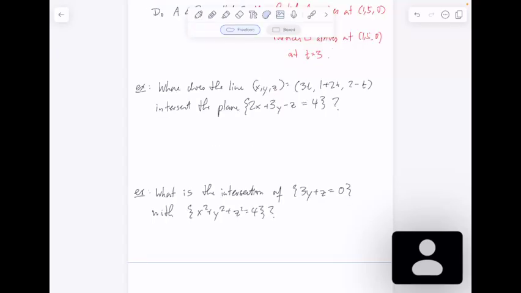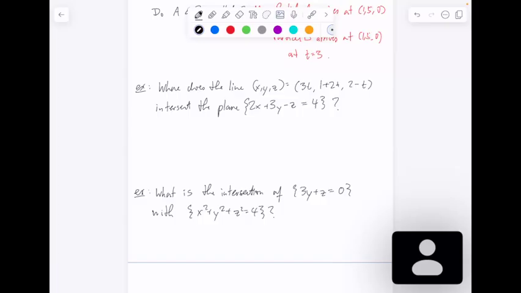All right, maybe we'll continue with seeing your suggestions for how I might attack these examples. So in this case, what's the strategy here? I have a line parameterized by this parameterization here, and I'm asking where it intersects a plane.